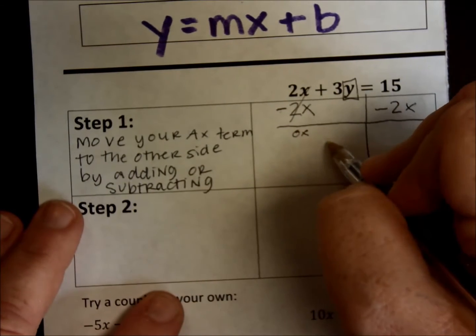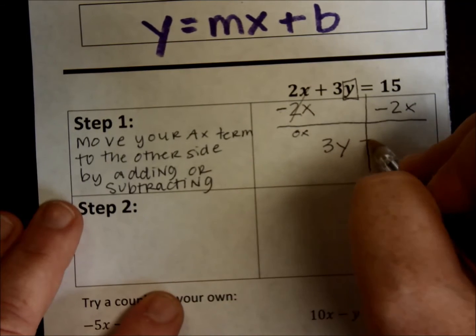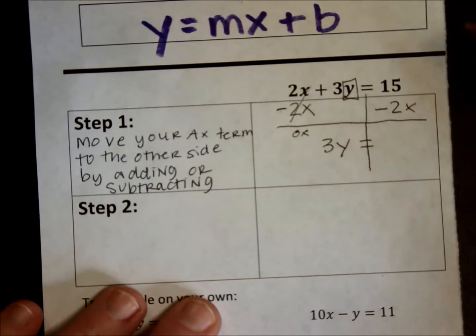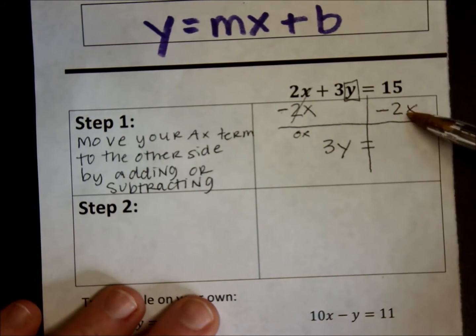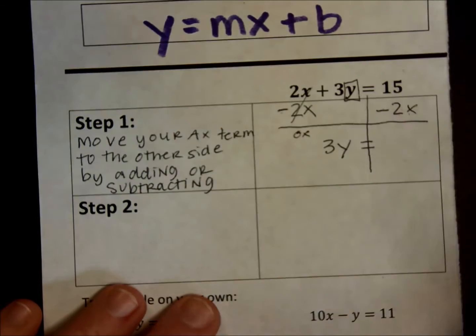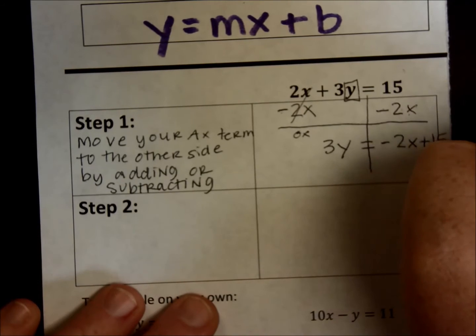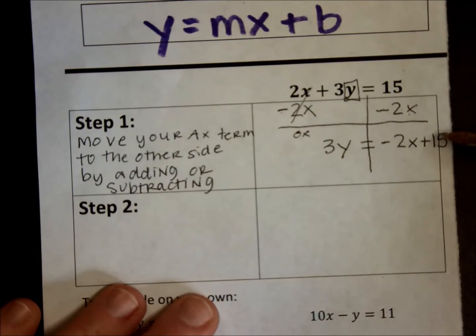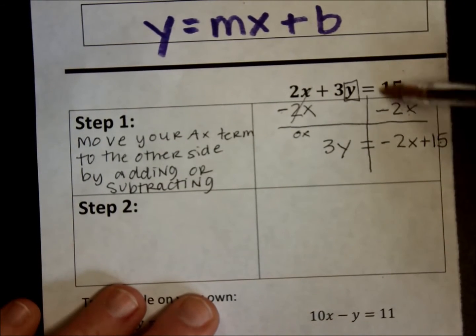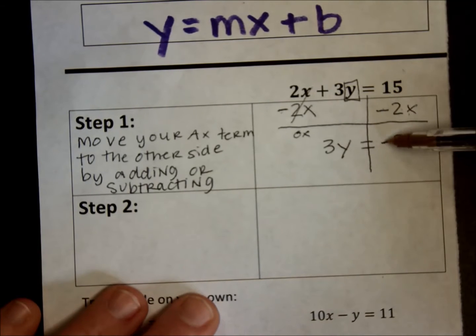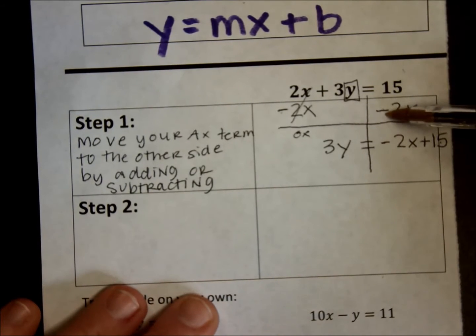And I'm left with 3y equals, well, on the right side I have 15 minus 2x. And I know I can't actually subtract those, so we just write down negative 2x plus 15. Now it's a positive 15 because the 15 was positive up here. And it's a negative 2x because I subtracted 2x.